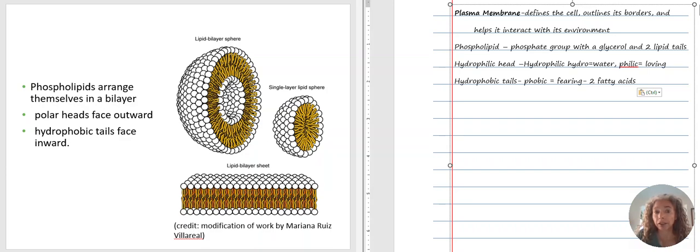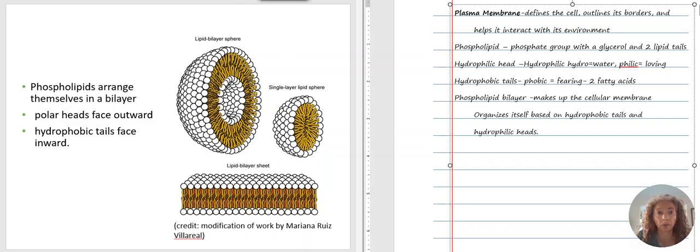This would be the inner cell, and out here would be the outer cell. And so any way you look at it, that phospholipid bilayer that makes up the cellular membrane is organizing itself based on these hydrophobic tails and hydrophilic heads.